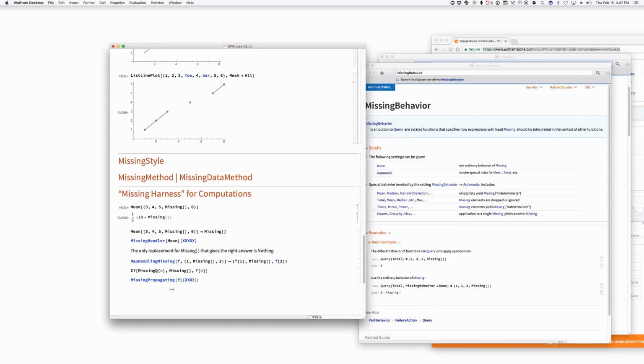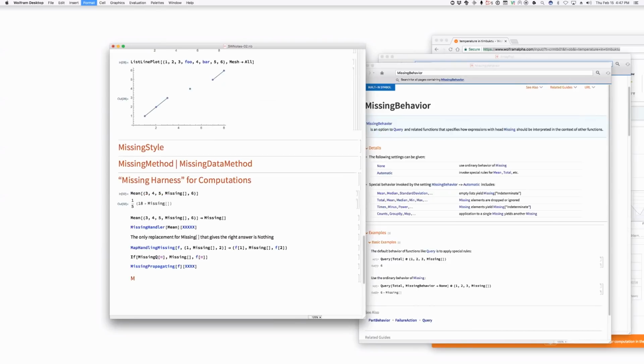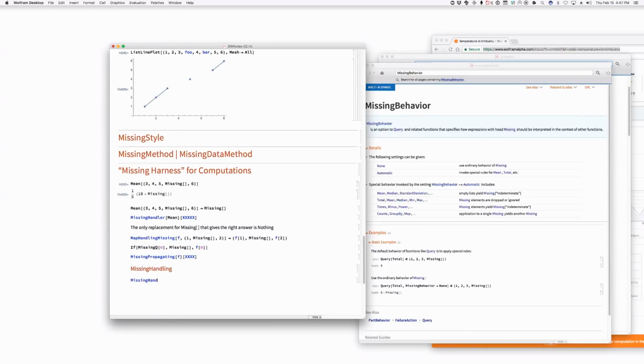Okay, so let's look here. Missing propagating, what's the right word? If the argument is missing, the result is missing, well, okay, fine. Let's just say missing handling of f. So then the semantics would be missing handling of f of missing goes to missing.